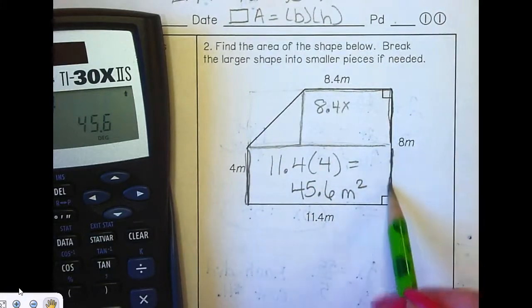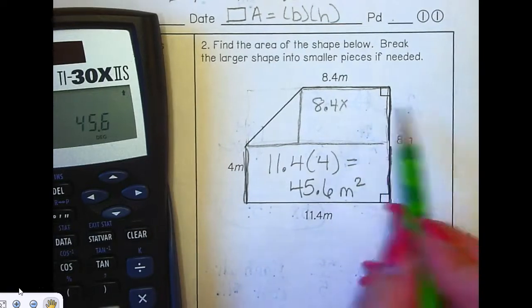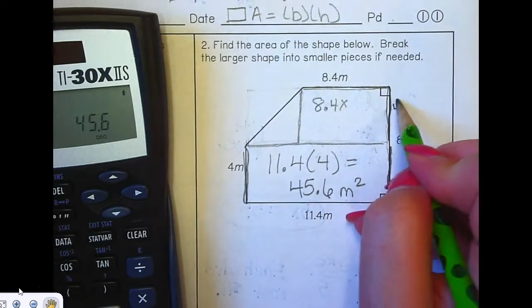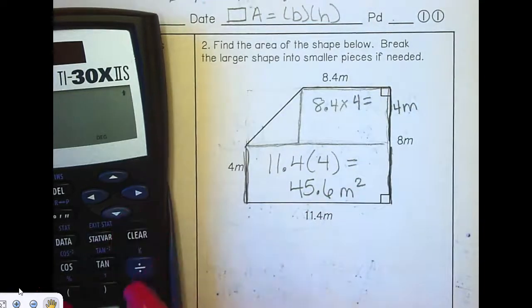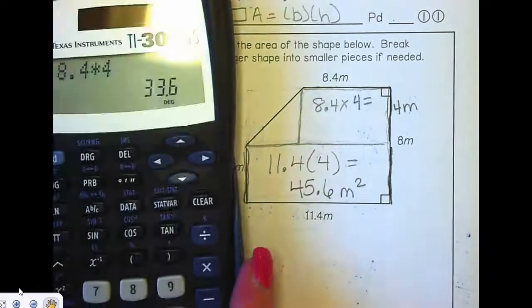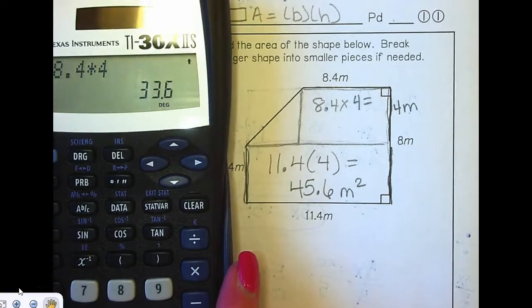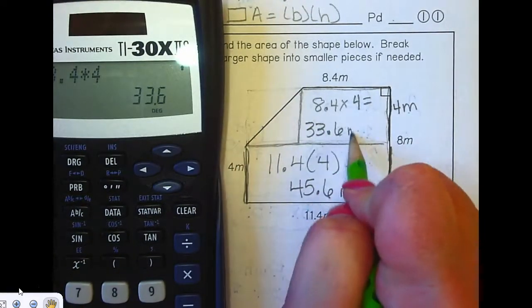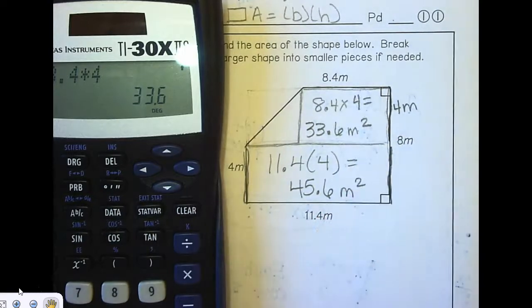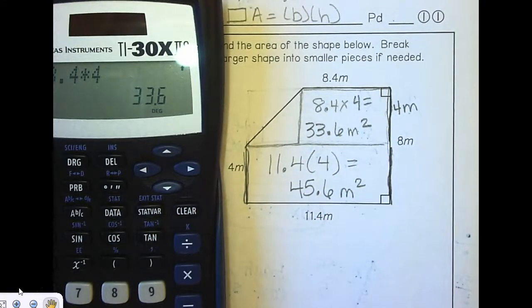So if this part's 4 and the whole thing is 8, that makes this top part 4 meters. And so we're going to do 8.4 times 4. And we get 33 and 6/10 meters squared.